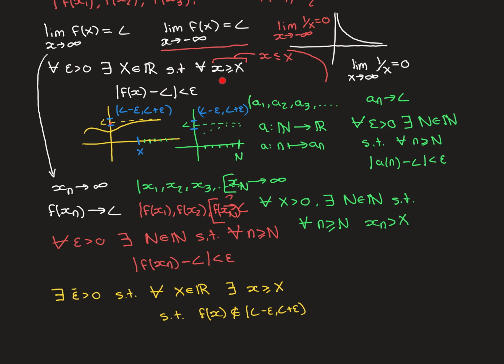So if we're assuming that this isn't true, we're going to negate this just as we did previously. If it's not true for all epsilon greater than 0 that this is true, that means there must exist at least one epsilon where it isn't true. We'll call that epsilon epsilon bar.